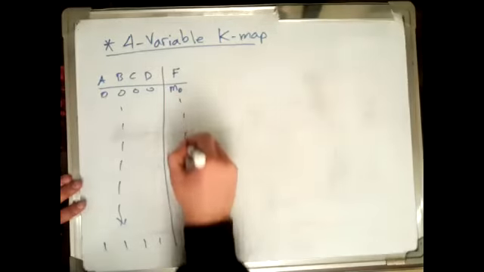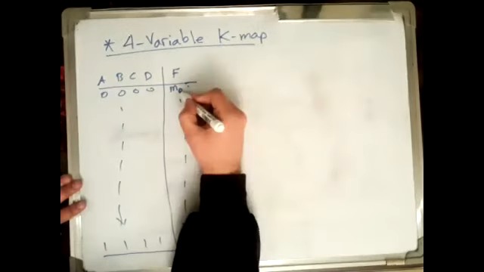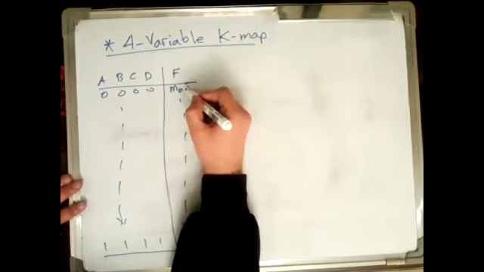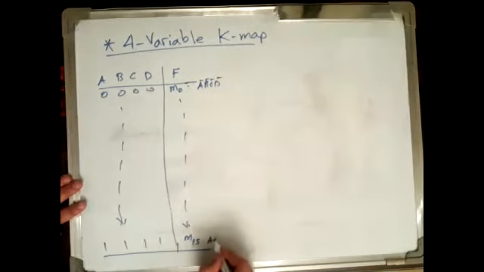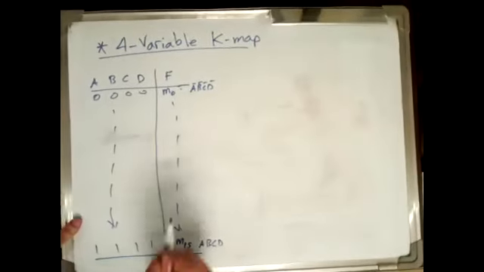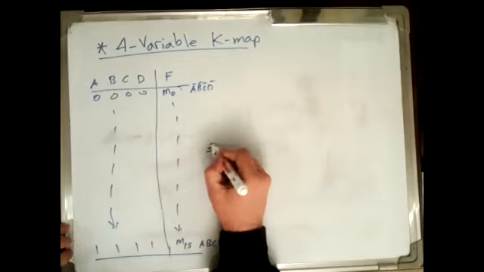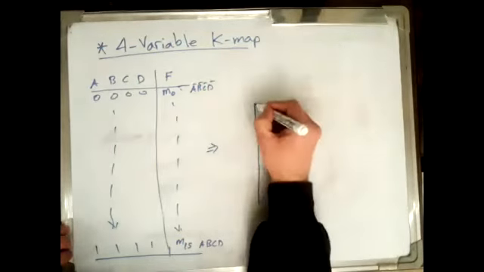And we know that the logic expression for each of these minterms will be A bar, B bar, C bar, D bar for the first, then A, B, C, D for the last, and so on. Now, this is the table, I'm sorry. The map is basically still a 2-dimensional structure.